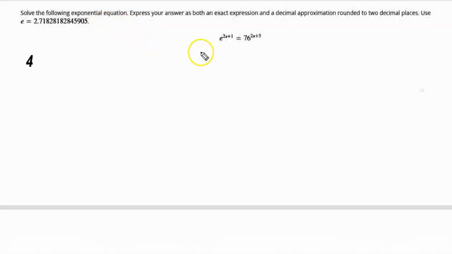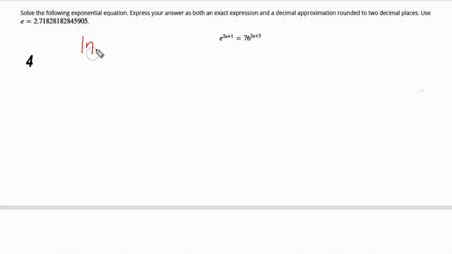Now in example 4, it's very similar to what we've been doing, but now this side has 2 values for an exponent, and this side has 2. And this is e. So that's kind of easy to handle if we're going to convert it to natural log. So let's do that.